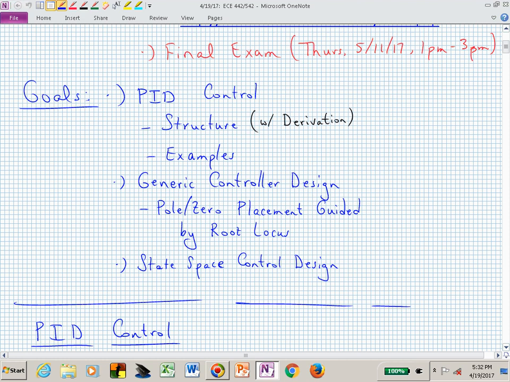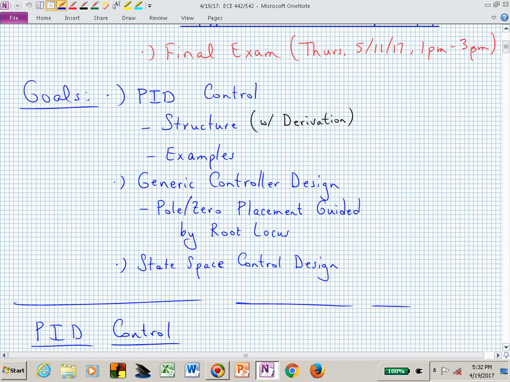Where we are going after that is to look at a generic controller design, and by that I mean we may have unlimited options for where we place our poles and zeros. Now I told you you cannot cancel poles and zeros outside the unit circle or even on the unit circle, but we may want to place poles and zeros outside the unit circle. They just can't be placed to cancel anything outside the unit circle.